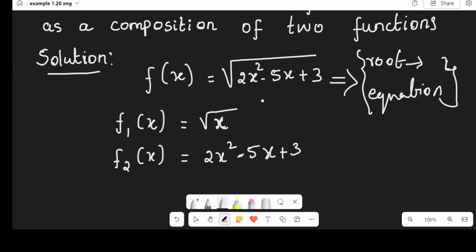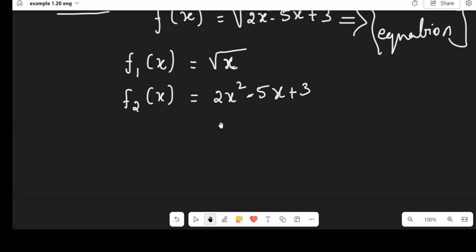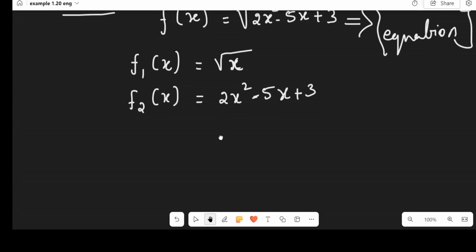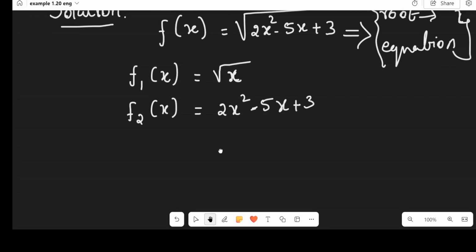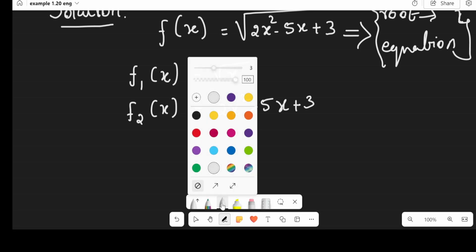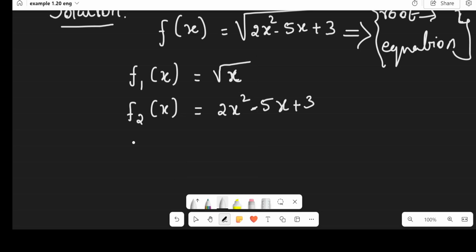The same thing, I'm splitting this composition into two. One is root and another one is expression. Next, here f of x is given. I'm going to check whether I am getting this composition when I am combining these two.